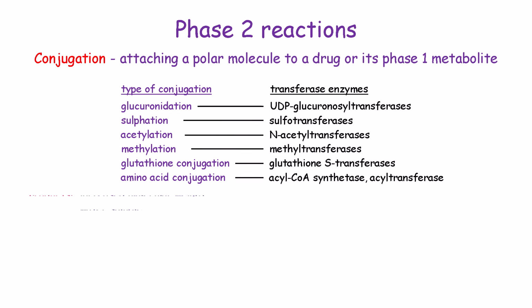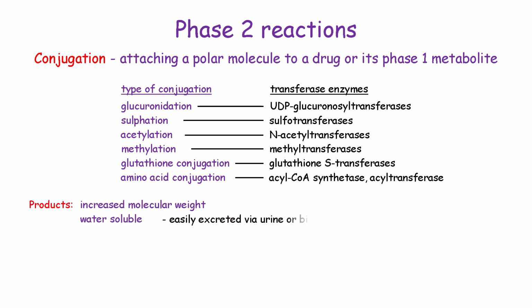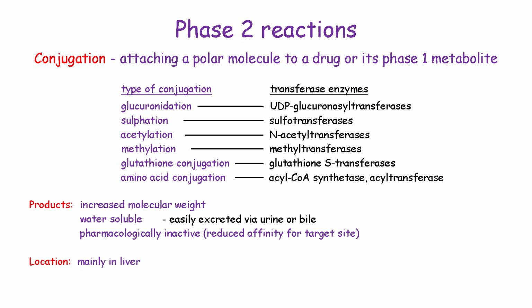The product of conjugation is larger than the original drug molecule and more water-soluble, making it easier to excrete. Adding a bulky group onto a drug usually inactivates it by reducing its affinity for its target. Phase 2 reactions mainly take place in the liver.